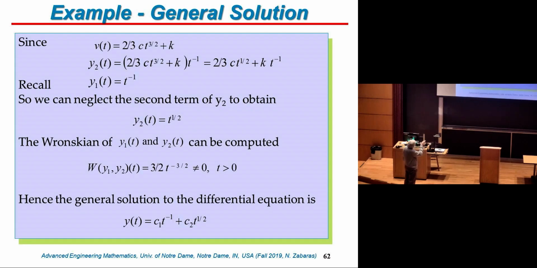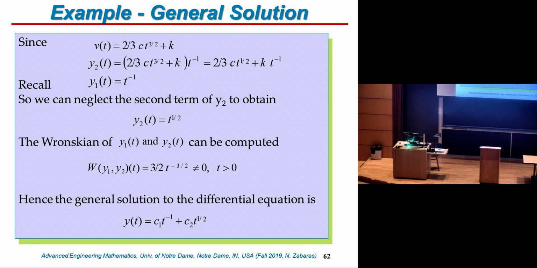So t to the 3/2 times t to the minus 1, we get t to the 1/2. And the solution y2 comes to be t to the 1/2. And the Wronskian is non-zero. And this is how the nice solution looks: C1 times t to the minus 1 plus C2 square root of t.